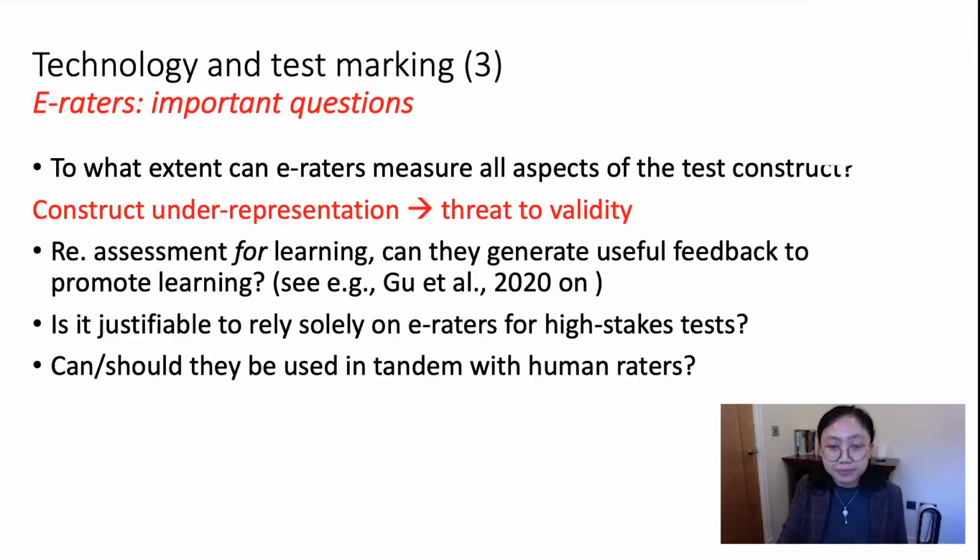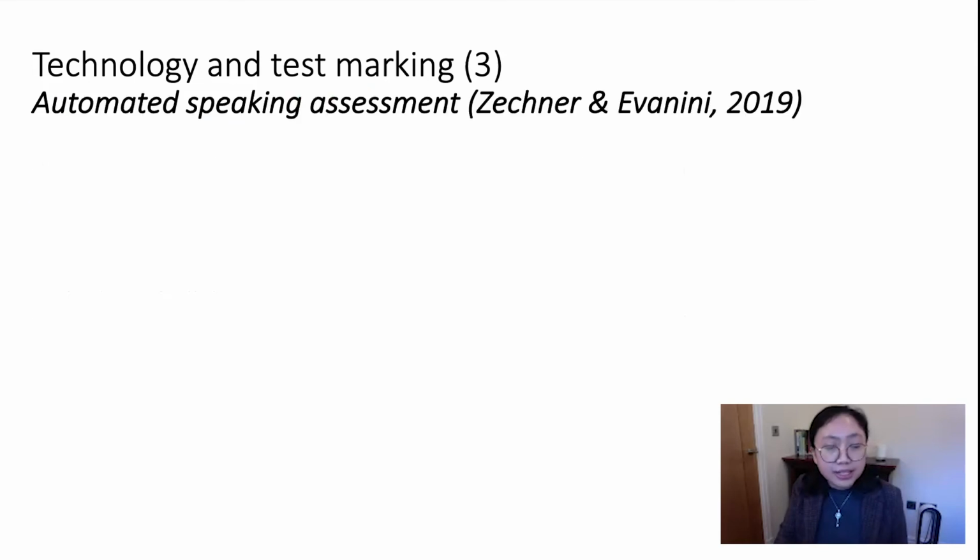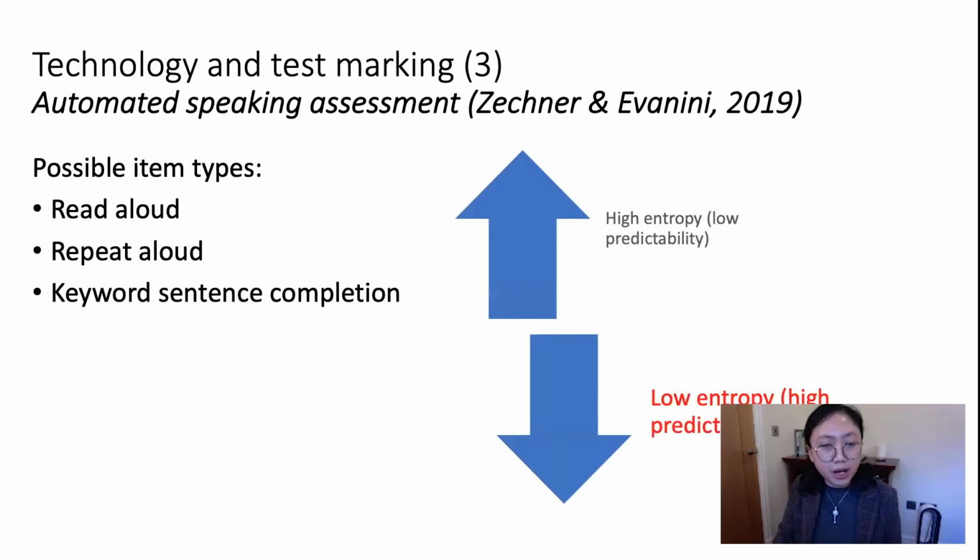Maybe. Right, there is actually a recent publication by Zechner and Evanini. If you're interested in this area of automated speaking assessment, you can have a look at this one. I think I'll just skip this part of it.